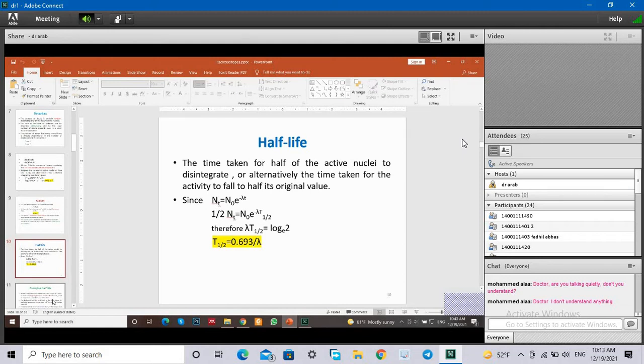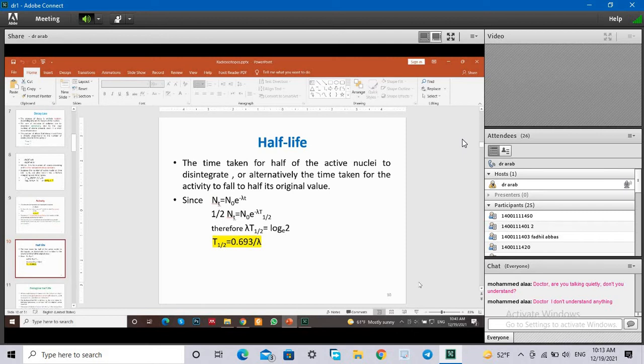As the name implies, half-life time is the time taken for the activity or number of radionuclides to fall to half of its original value. It is the time when A and N equal half of A0 and N0 respectively.